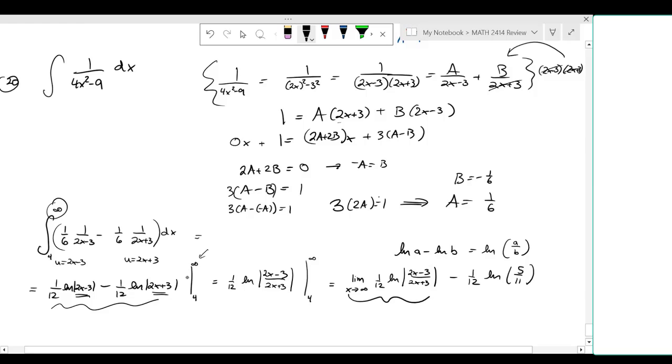How would you evaluate it? Yeah, log is a continuous function, so you can just find the limit of the inside, right? You can just take the limit of the inside, and you can use L'Hopital's if you don't see that this is equal to 1.